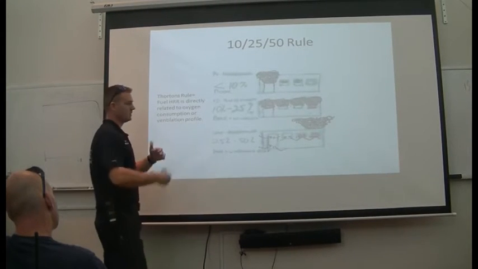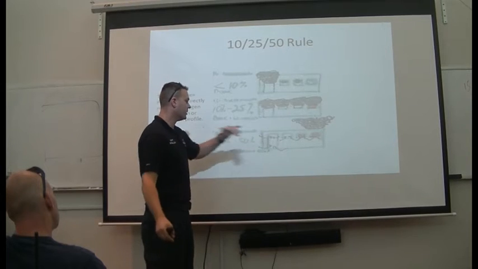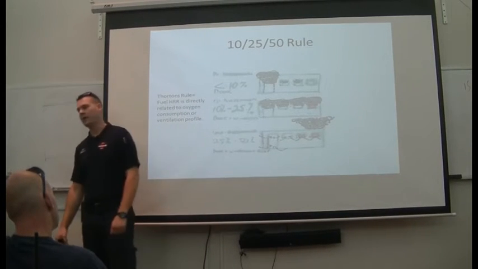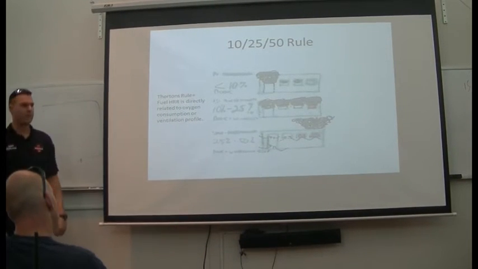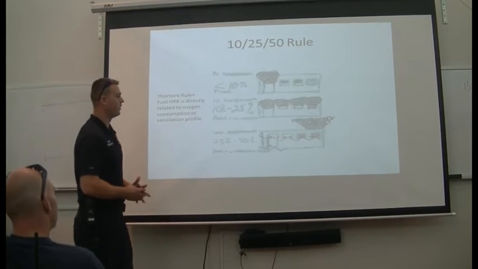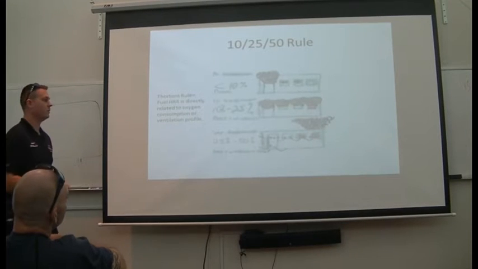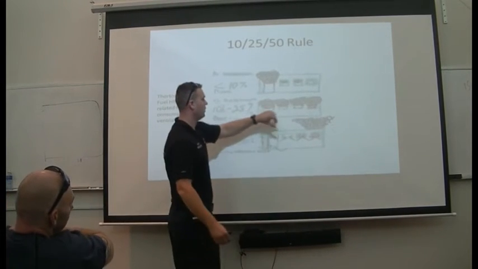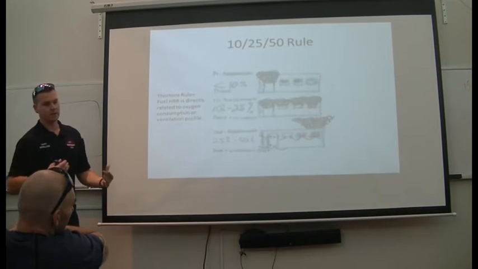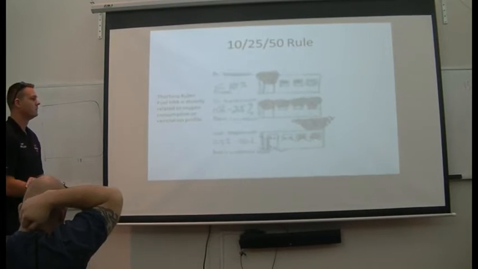If you pulled up, and it's on my backside, but if you pulled up and those 3 windows are blown out, guaranteed you have a 25% or more or greater ventilation profile. So above 10% is what they call extreme fire growth. We know that when we get past 1 hole opening, we're going to start to see that extreme fire propagation.